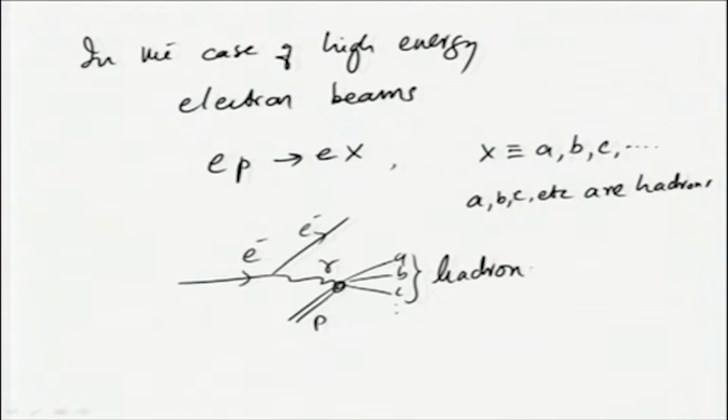So, I can picturize it in this fashion. We already said that the effect of electron interaction with proton can be picturized in terms of exchange of photons, and that is what we have here. Now, let us look at this inelastic case and then see what are the changes that we had to make.